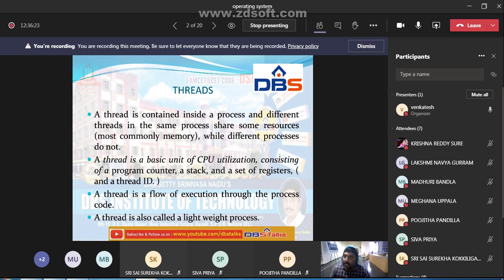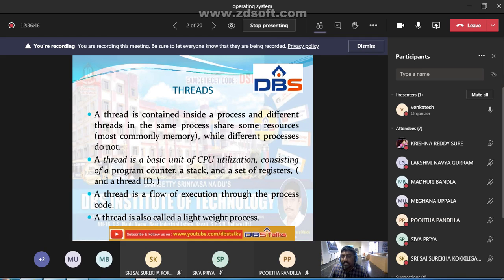A process contains a program counter, a stack, and registers. A thread will also contain the same things, that is registers, a stack area, and a program counter.